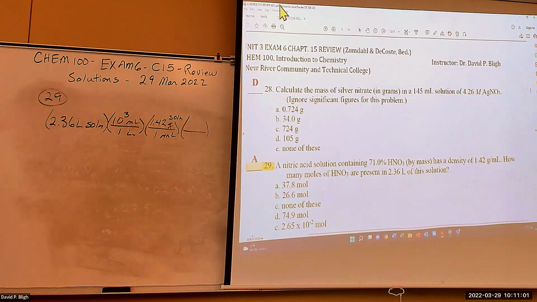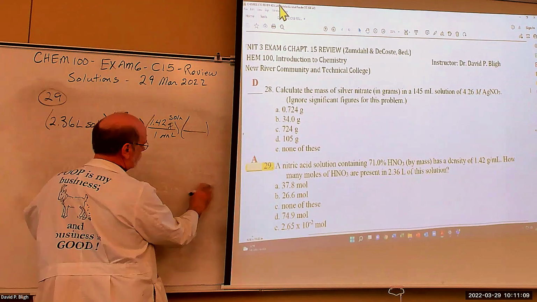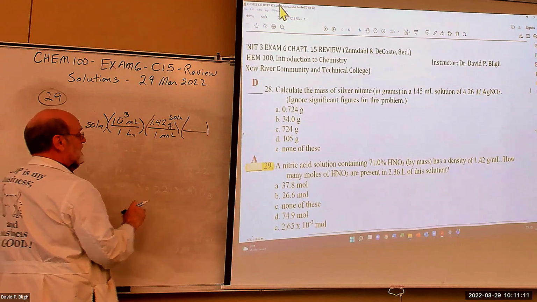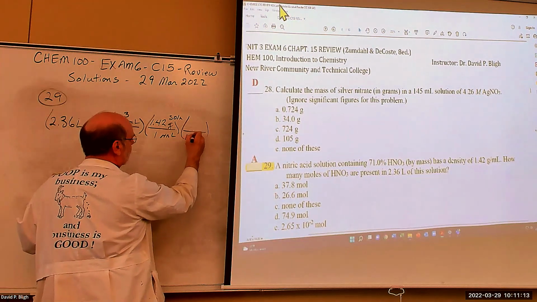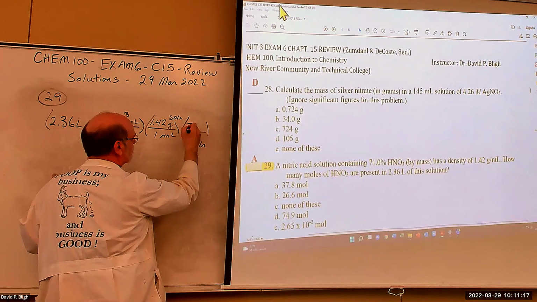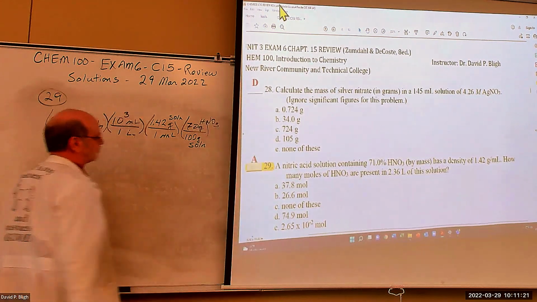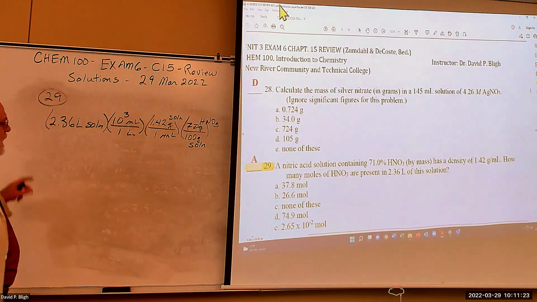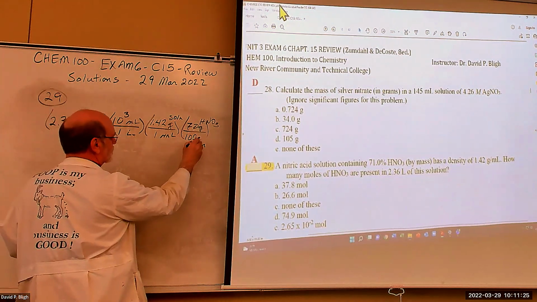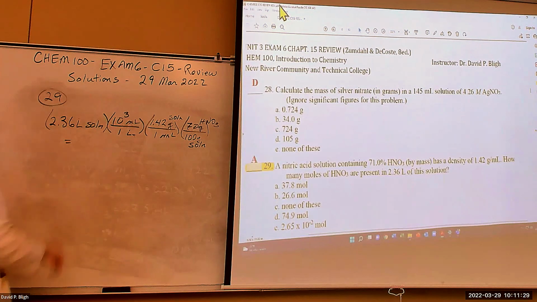Okay. Now that we've got grams of solution, we can find out how many grams of HNO3. Because we know that the ratio is 70%. So for every 100 grams of solution, we have 70 grams of HNO3. So let's stop there. That gives us grams of HNO3.